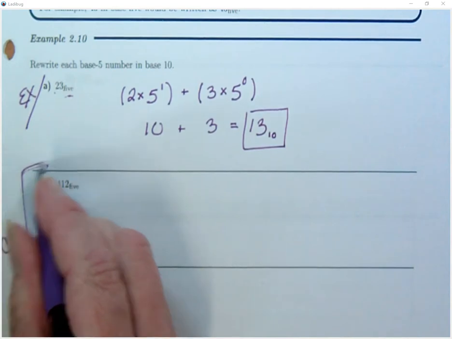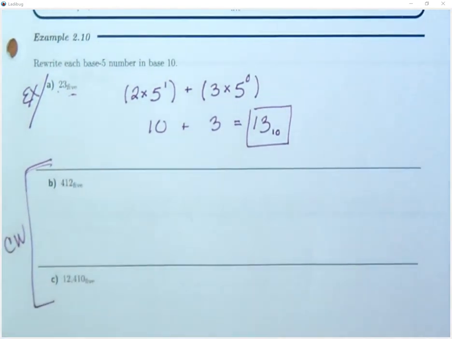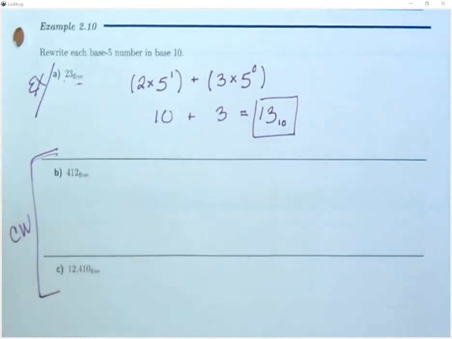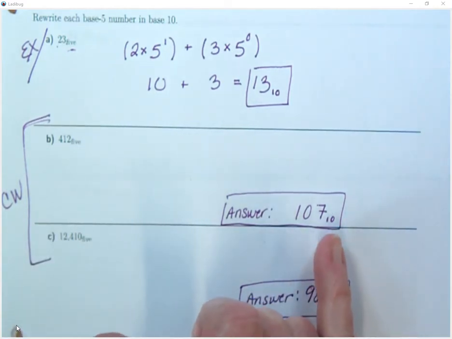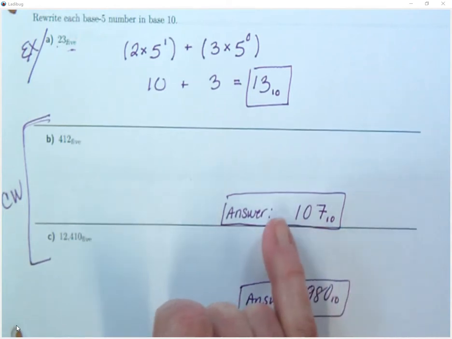So if you pause the video and just get those done right now, I'll put the answers up. So here are the answers for the classwork problems, converting from base 5 to base 10. And it just makes sense that your answer, if it's a higher base, should be a smaller number.